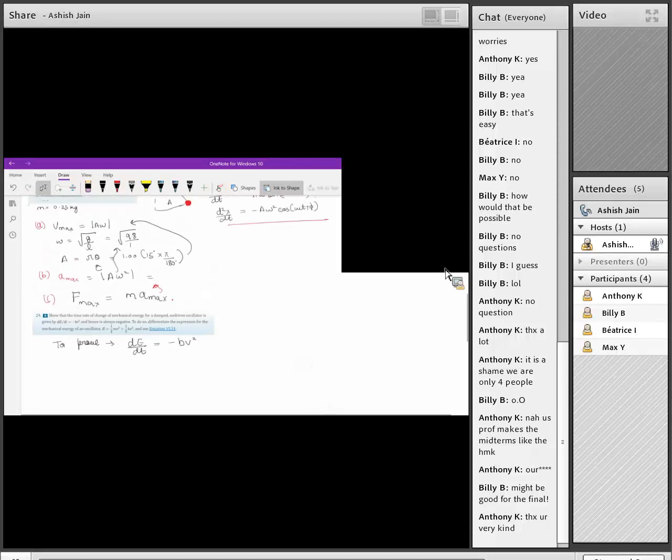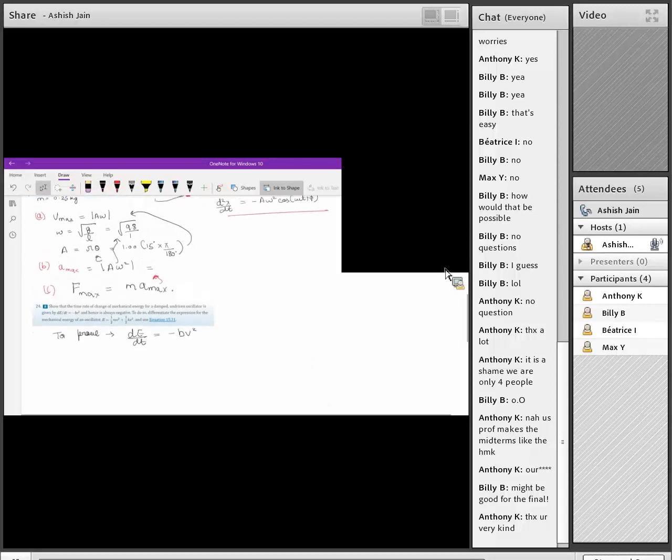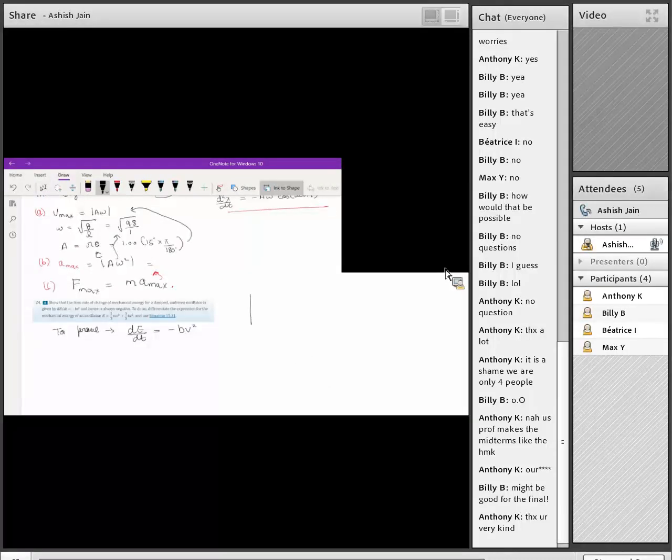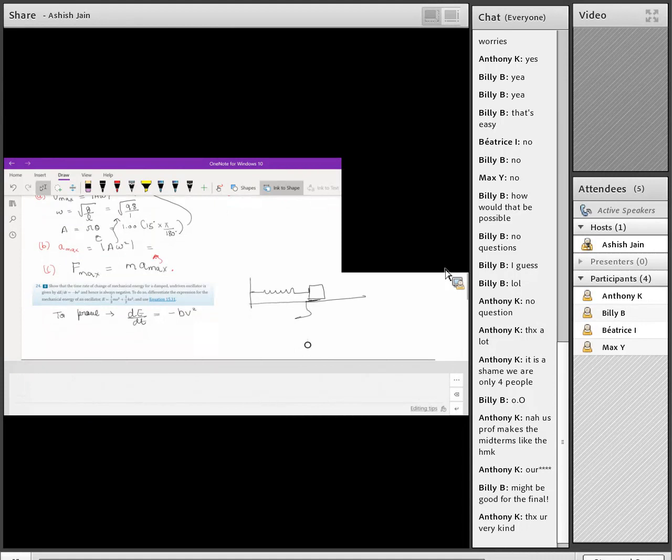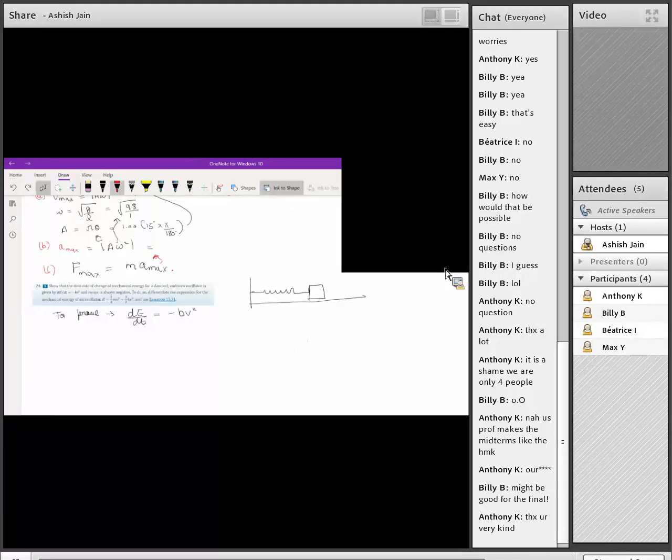I think it's not very hard to imagine. Physically, we can think about it. There is a harmonic oscillator, let's say like this, and it's damped, meaning it's on a surface with a resistance. Let's say it's a scratched surface, not a polished surface.